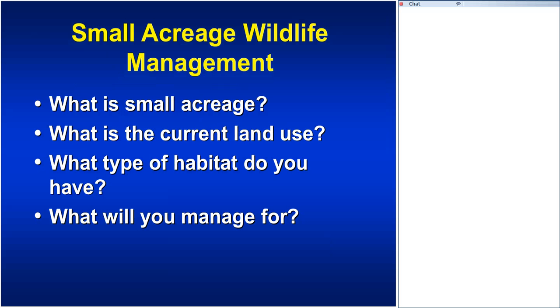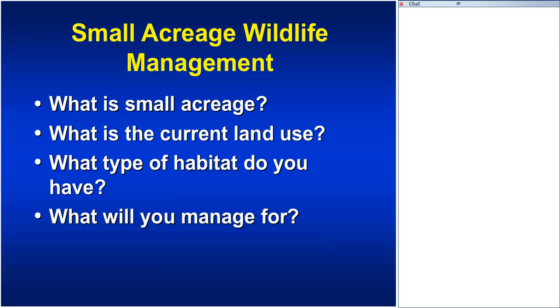On small acreage, people often think of some of the larger animals like deer. We're going to focus on birds, as that's an example of something that, no matter the size you have, everybody can manage for. It's also often what people value on their property.